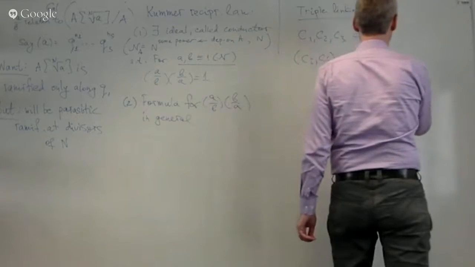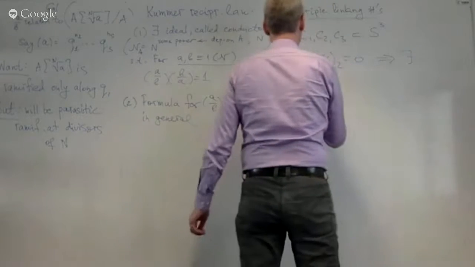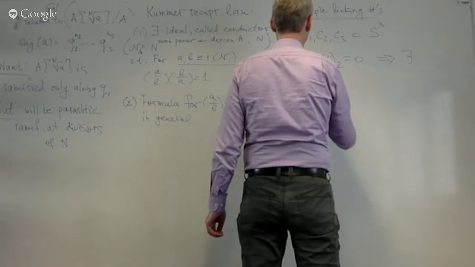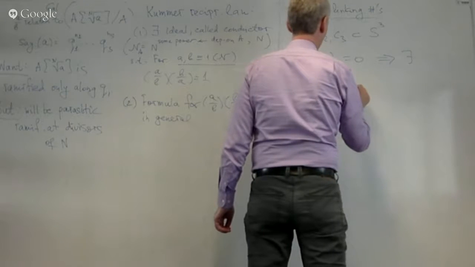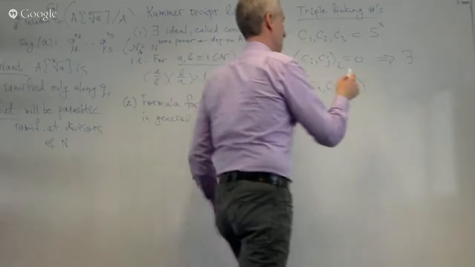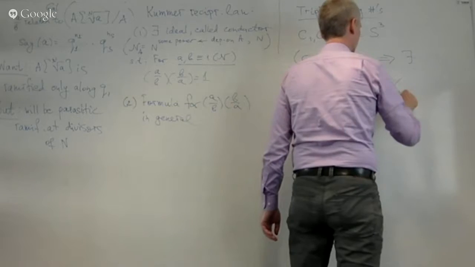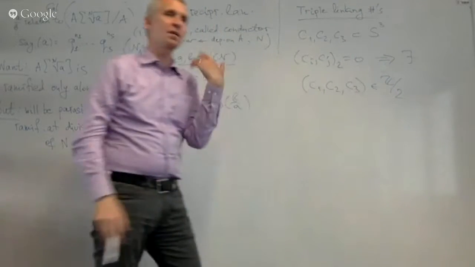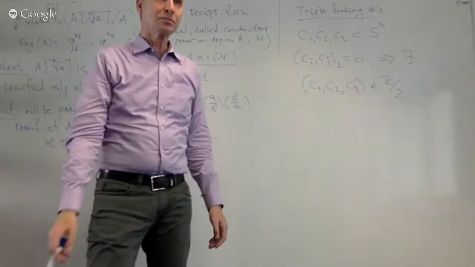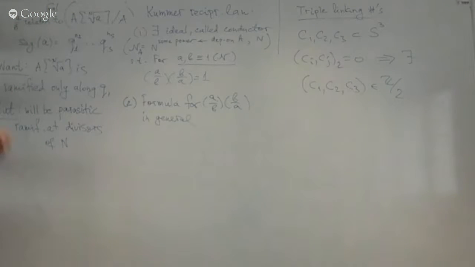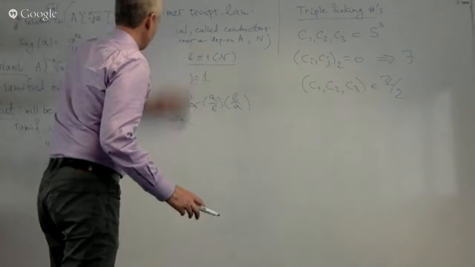Then there exists a triple linking number, which is a well-defined concept that has some meaning. There are several ways of defining it. Actually, even for the linking number, there are more definitions.